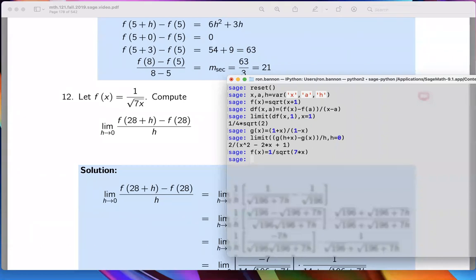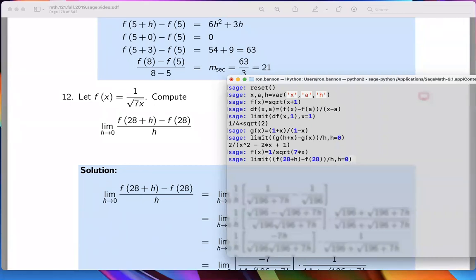Now what I want to do, limit at the top, which is f of 28 plus h, minus f of 28, divided by h, comma, h is going to go towards 0.